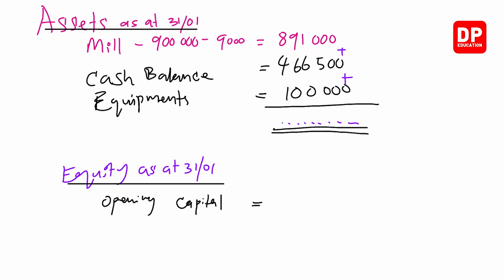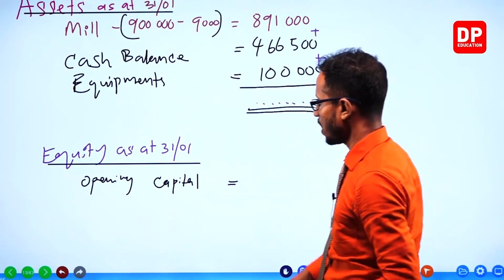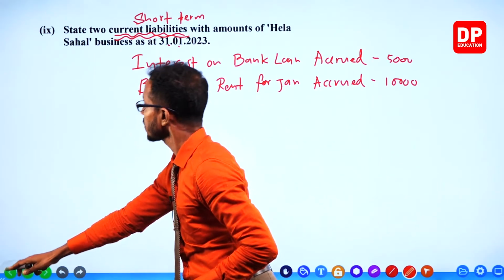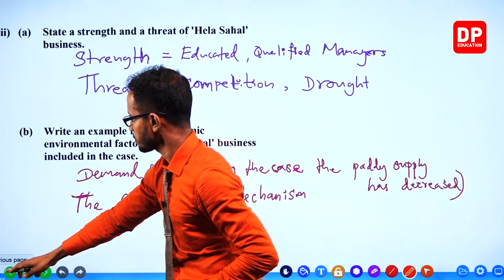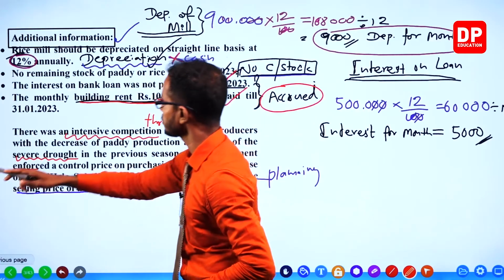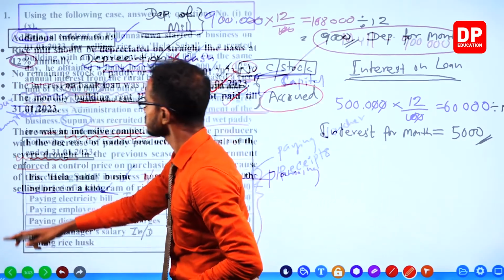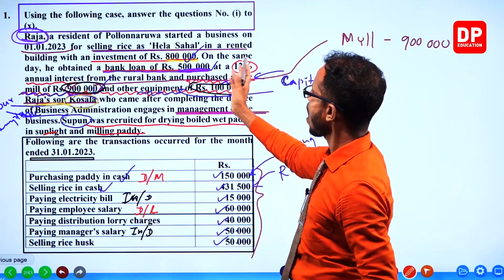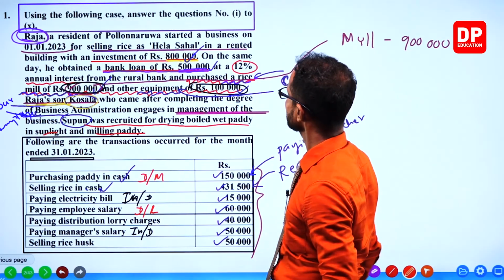How much is opening capital? Opening capital was an investment of 800,000. That's it.